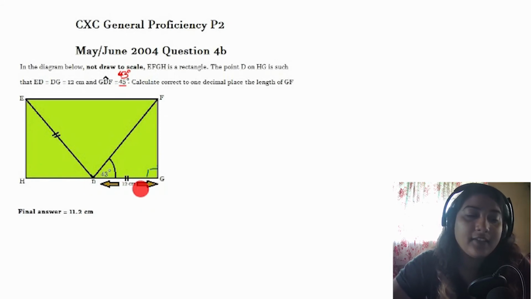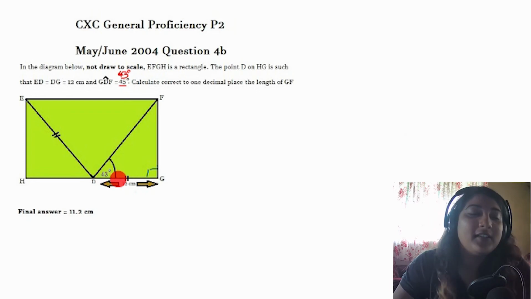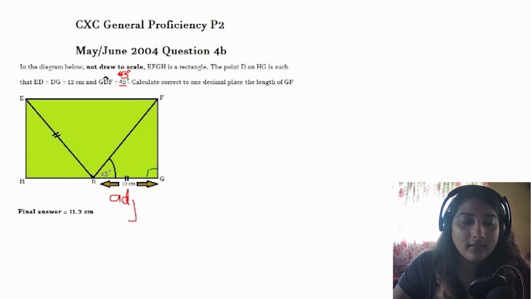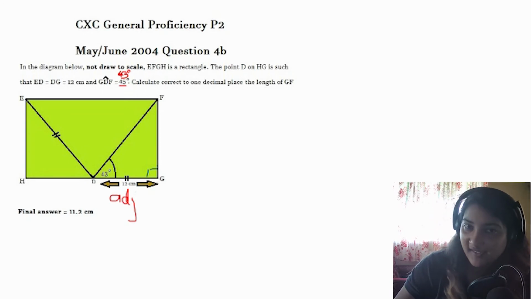If we want to find the length of GF and we're given the length of DG, can you think of which ratio we're going to apply, or at least how to determine which one we're going to use? So we have the magnitude of the angle GDF, and this angle is next to the length DG. So what would we call this length? That's right, we'll call DG the adjacent. Since the length DG is next to the angle that we're given, this is our adjacent side.